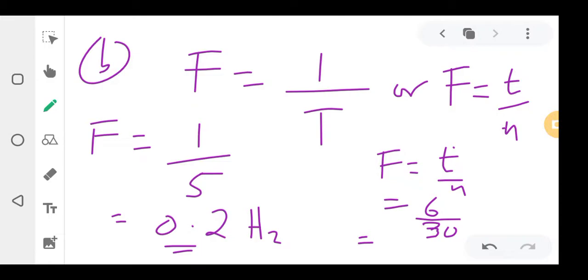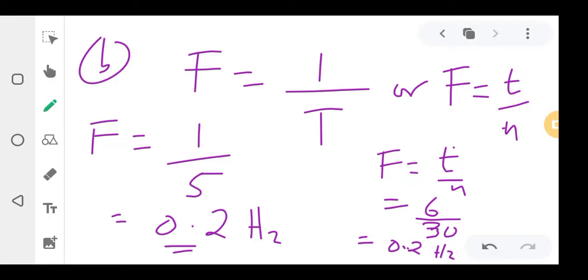It will give you 0.2 Hz, which is the same answer. You can use either of them.